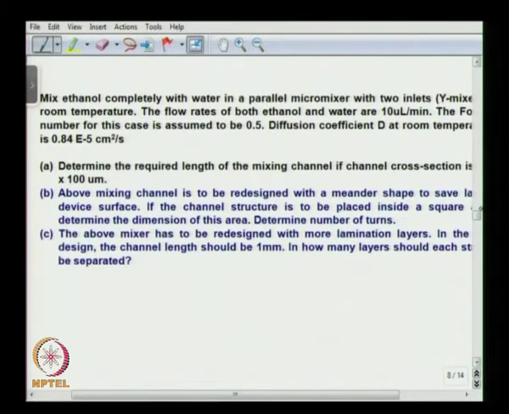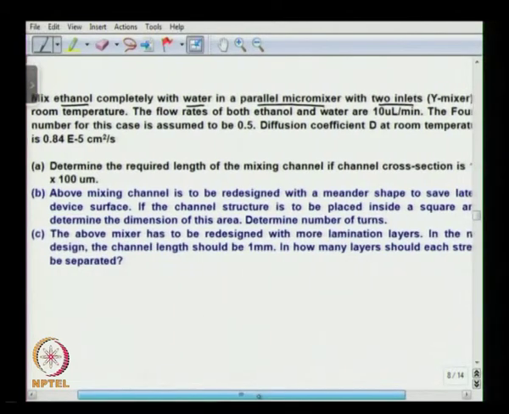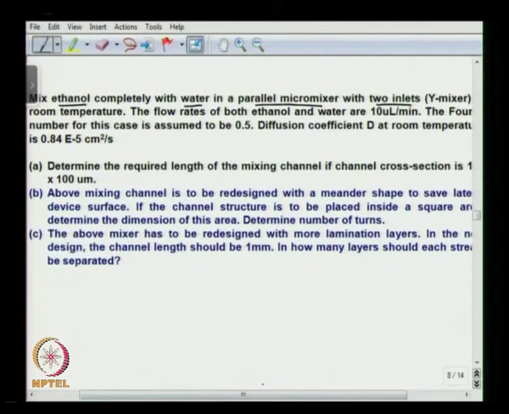Okay. So, with that, let us look at one example. We take one example of a micro mixer where we try to mix ethanol completely with water in a parallel micro mixer with 2 inlets. Okay. Using a Y mixer at room temperature. The flow rates of both ethanol and water are 10 microliter per minute. Okay. Each fluid has 10 microliter per minute flow rate.